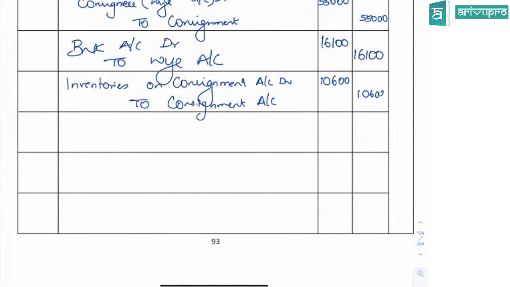So the profit and loss journal entry, if you look into it, is consignment account debit.